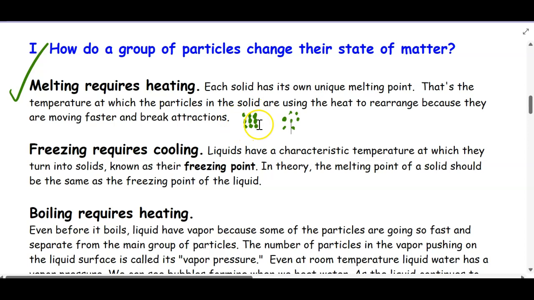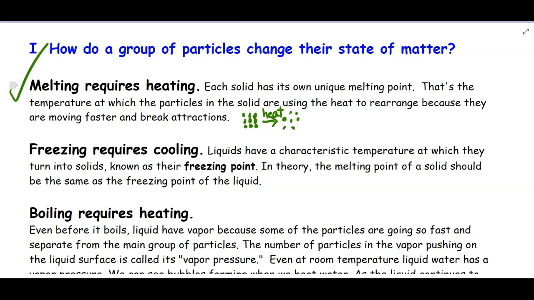So this is the most common arrangement for elements in the solid state. Compounds a little less so just because they have more unique shapes, but they are very close together. And in the liquid form, they are clearly moving apart. All right, that's the temperature at which the particles in the solid are using the heat to rearrange. So that means that this is going on.